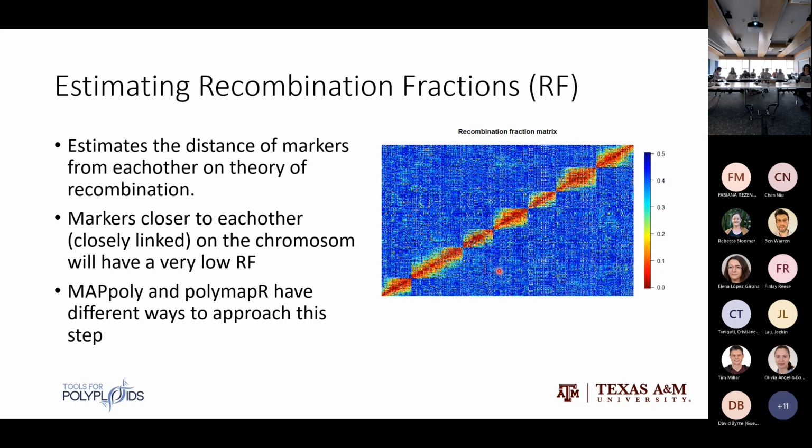MapPoly, if you have a very filtered data set, you might could run that on a PC, but most of the time you would need a high performance cluster, because this step is very heavy, since pairwise recombination fraction estimates as you add markers grow exponentially.